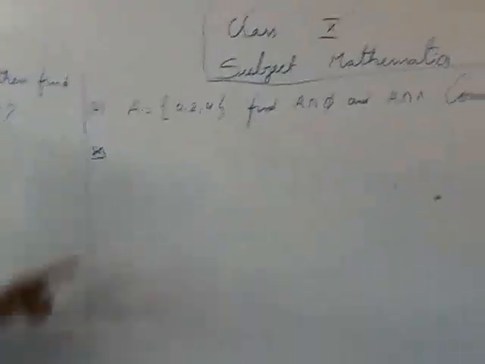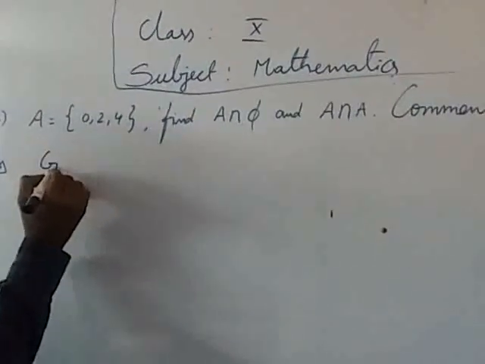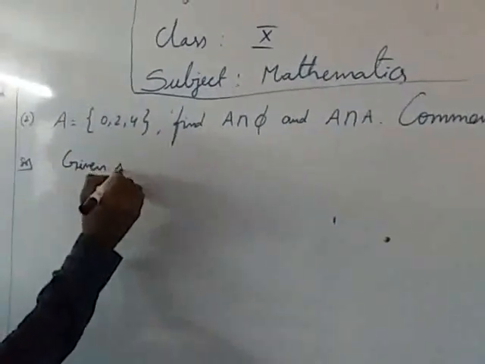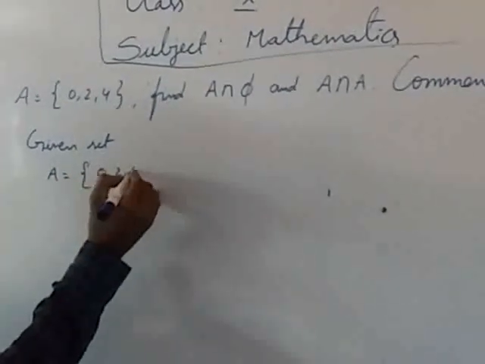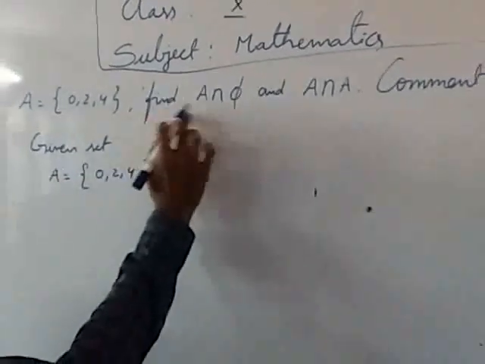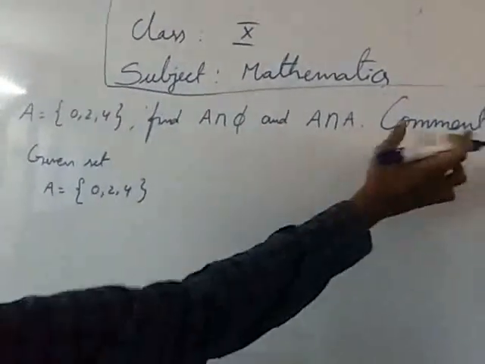Next, second one. First you write here the given set: A equal to 0, 2, 4. Find A intersection phi and A intersection A, and comment.